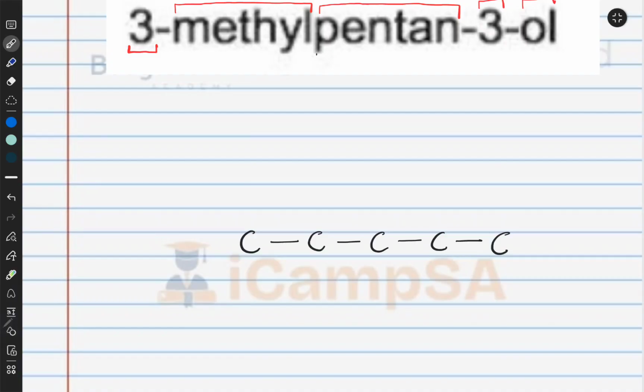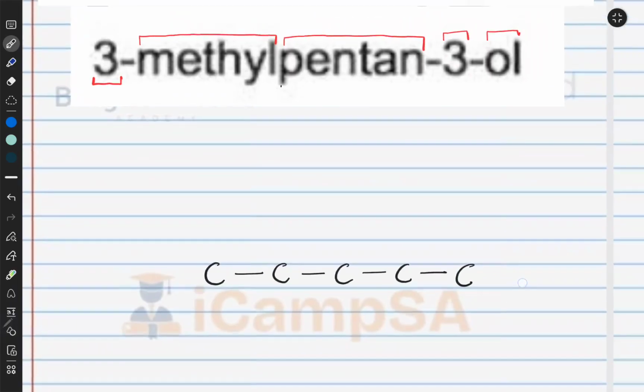Okay, now we are told that the methyl group is on carbon number 3, which also happens to be the same carbon atom where the hydroxyl group is located. So we can go to carbon atom number 3, which is this one. We put our hydroxyl group there. You can throw it like this or like that, it doesn't matter.